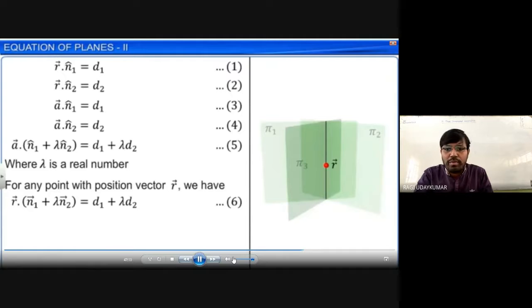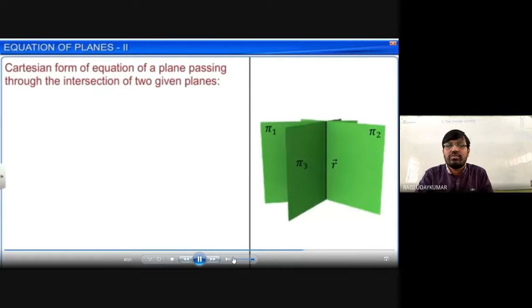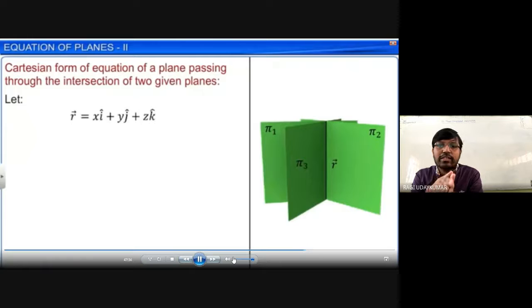Actually, the Cartesian form of the equation of a plane passing through the intersection of two planes is very easy, because in Cartesian form, a simple equation of a plane will be given to you: ax plus by plus cz is equal to some d.